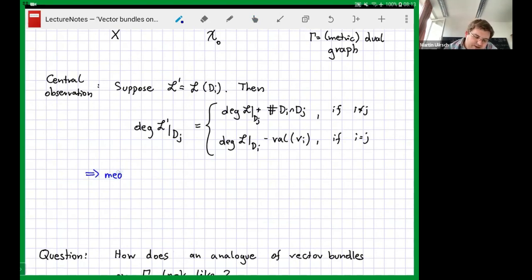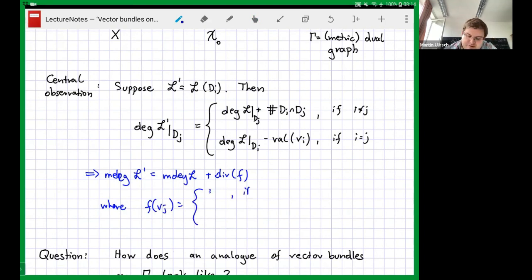What we observe is that the multi-degree of L', which is a divisor, is the same thing as the multi-degree of L plus the divisor of a function f, where f of v_j is equal to 1 if j is equal to i, and 0 if j is unequal to i.